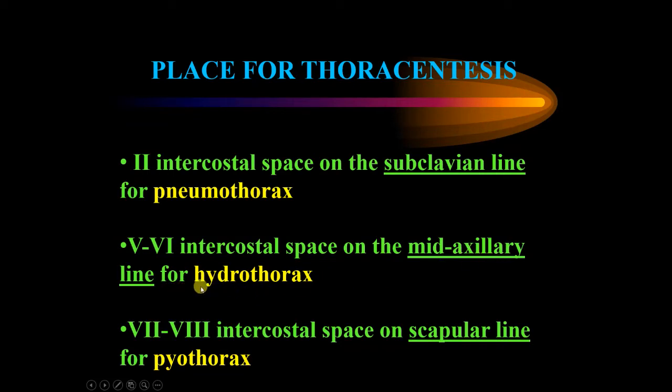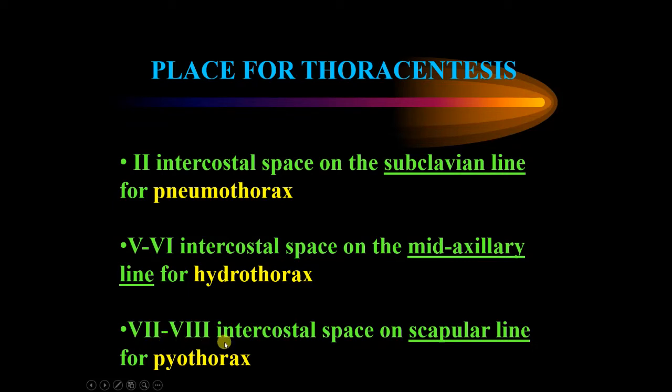Of course, because of gravitation, fluid in the thoracic cavity goes down and the lung goes up because it contains a lot of gas. A puncture in this place decreases the risk of trauma to the lung to the minimum. For pyothorax, we have to use the lowest space.